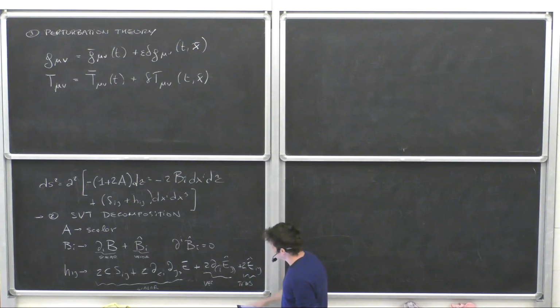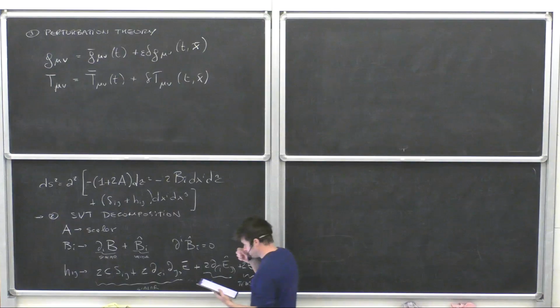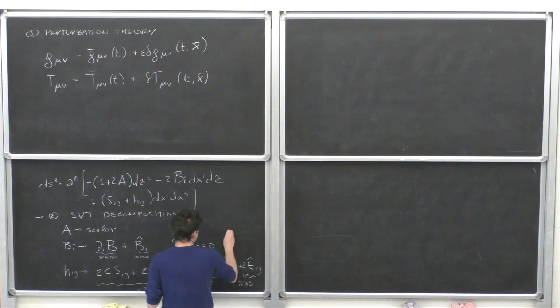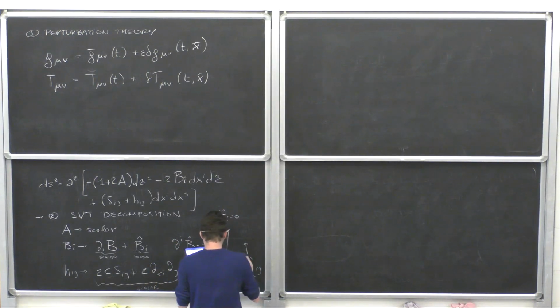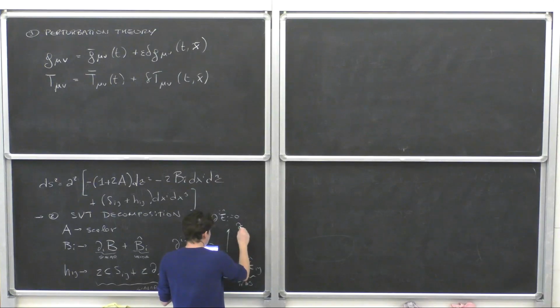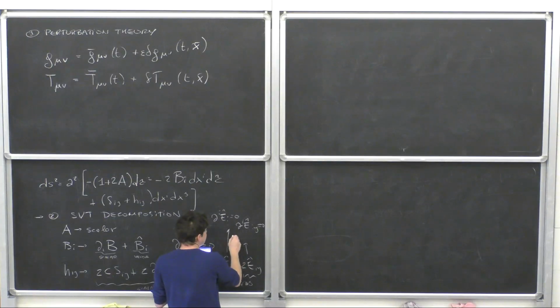Okay, and as before, basically this decomposition allows us to say that the divergence of the vector component is 0, while for the tensor component we have 0 divergence and 0 trace.